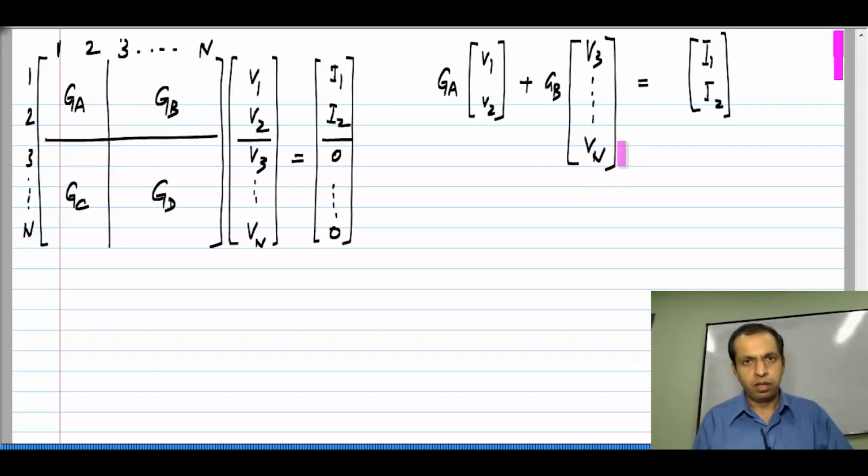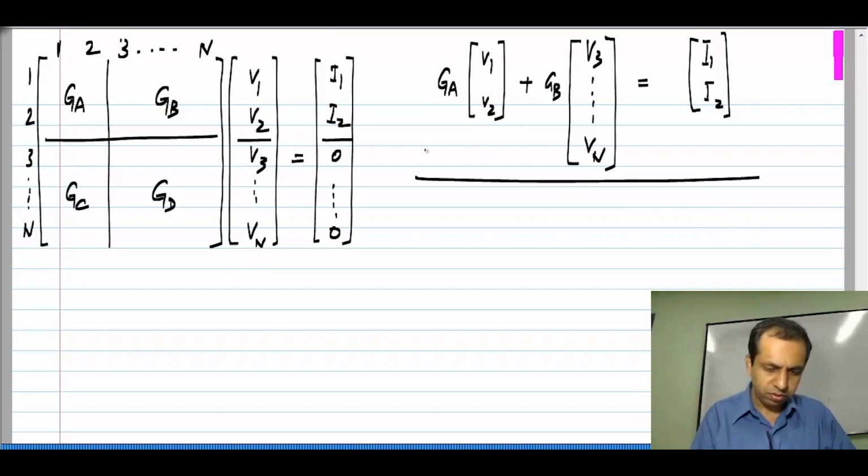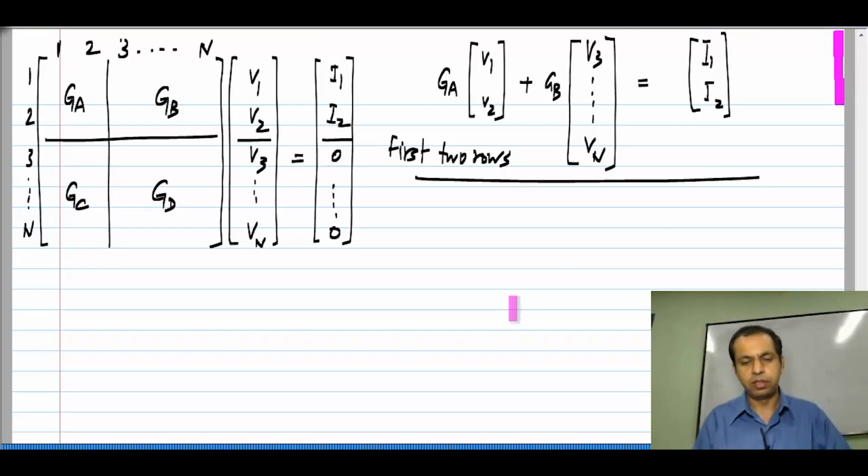Okay. Now, if you are a little confused about this, you can consider some matrix with individual entries and write it down and see. Okay. So, G A will multiply this part of the unknown vector and G B will multiply that part of the unknown vector. Okay. So, these are first two rows or the first two equations. Okay.